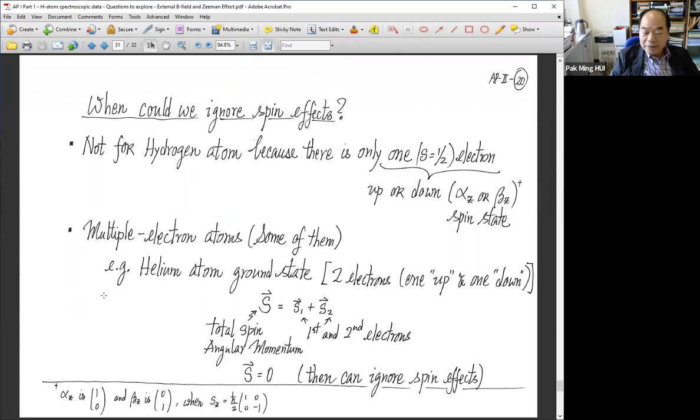That leads us to our summary. First of all, the prediction is 1 line goes to 3 lines, ignoring spin, with only the orbital angular momentum effect. Then we may ask, when could we ignore spin so that this effect works? You can stretch your imagination a little bit.